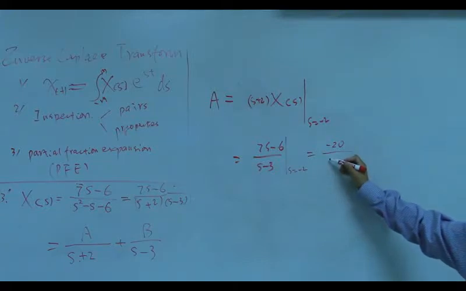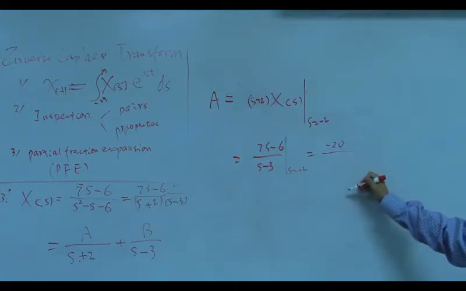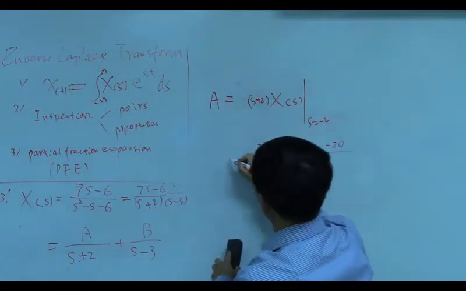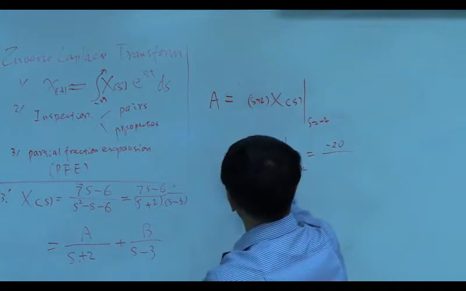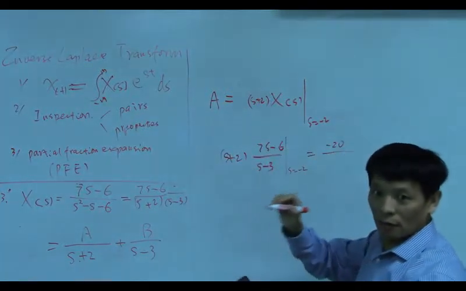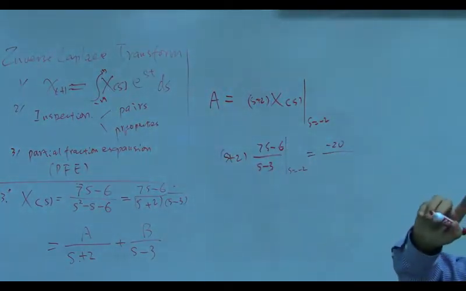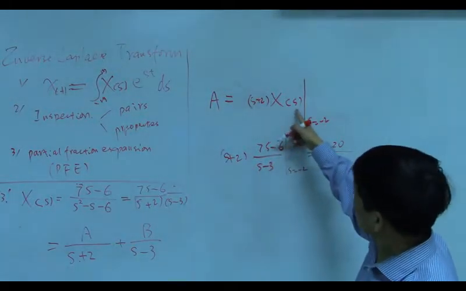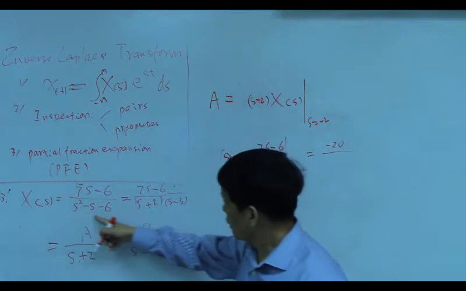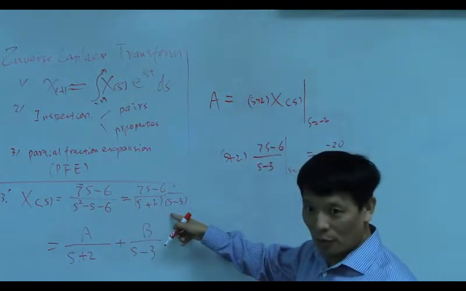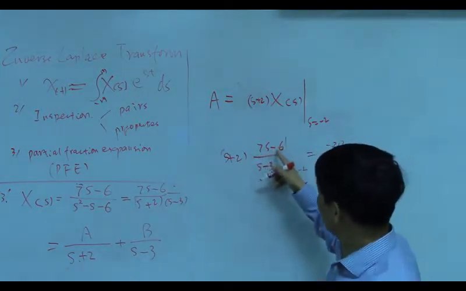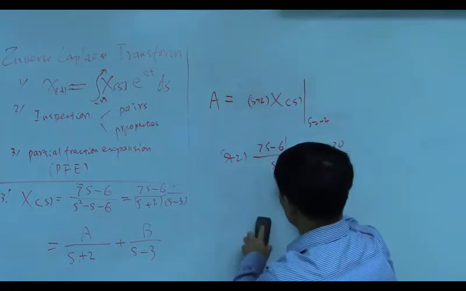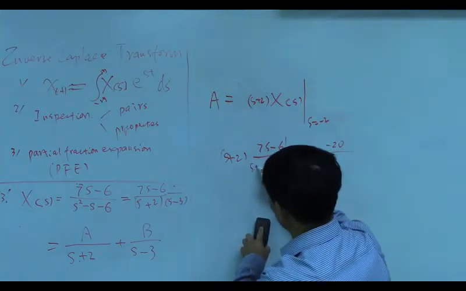Hold on, I see you got rid of s plus 2. Yeah, because this one is s plus 2 here. Doesn't the X(s) also have s plus 2 in it that you have to take into consideration? This X(s) is this, but we write it in this term, so it equals 7s minus 6 over s minus 3 and s plus 2 here.